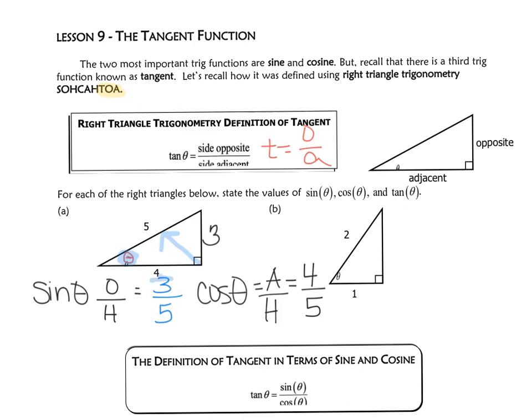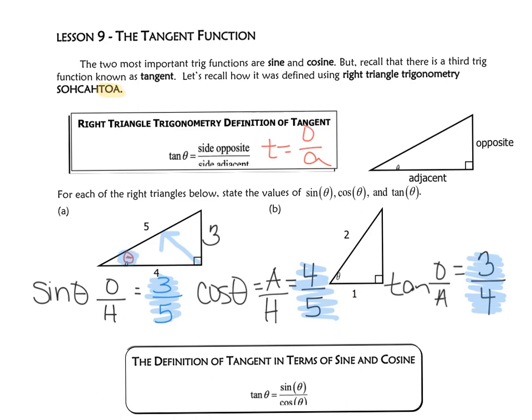So this is my sine, this is my cosine, and now I'm going to do the tangent, which is the opposite over the adjacent, and I'm using the same angle. So the opposite is 3, the adjacent is 4, so the tangent is 3/4.